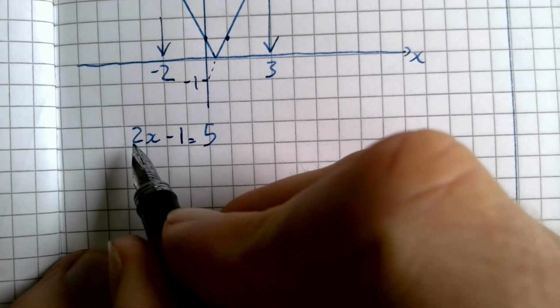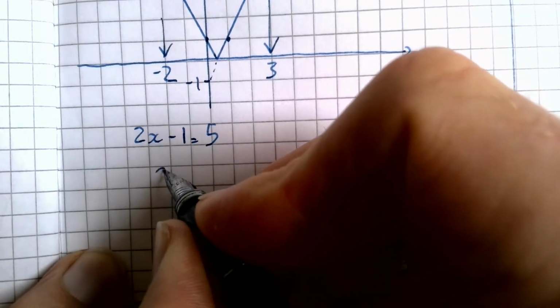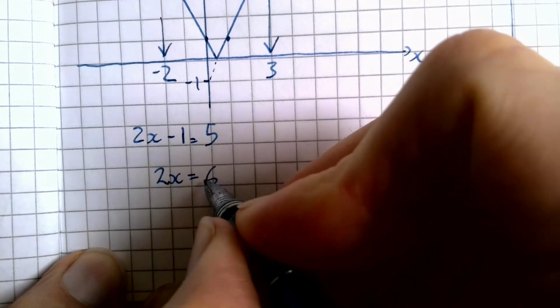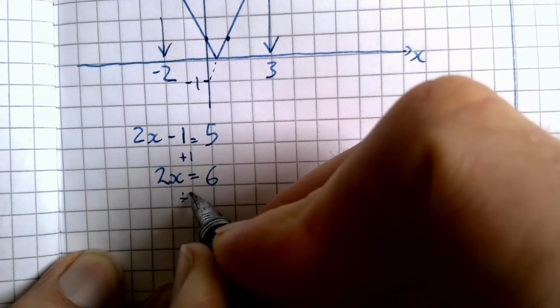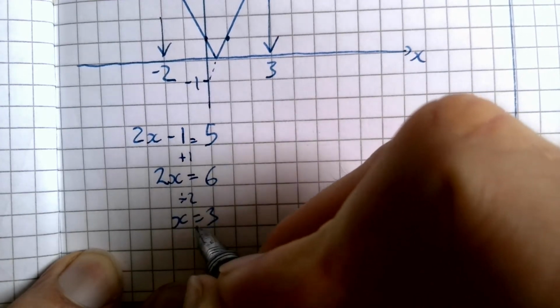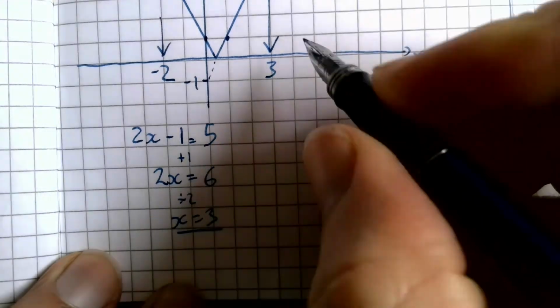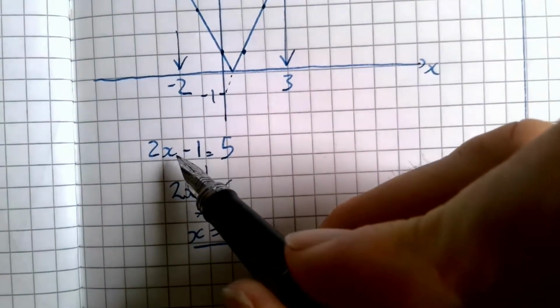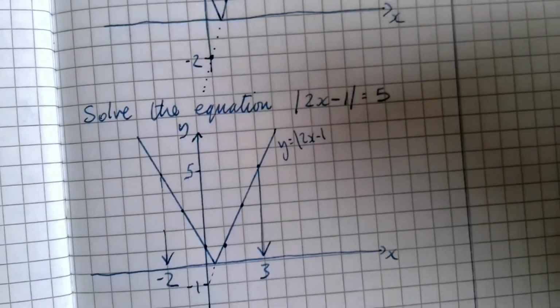If that was giving us something positive, then all we need to do is solve that. So that goes to 2x equals 6 if we add 1 to both sides, and then if we divide by 2 we get x equals 3, which was one of our solutions there. And the other thing is, you could get 2x minus 1 if this was negative and then it was being reflected.